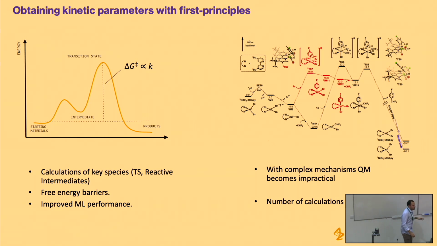So what we really want to do in our project is to build an automated workflow that is able to compute these free energy barriers automatically, or at least semi-automatically, so that you can use these calculations in a routine way and use them fundamentally as a molecular descriptor for your data-driven model.